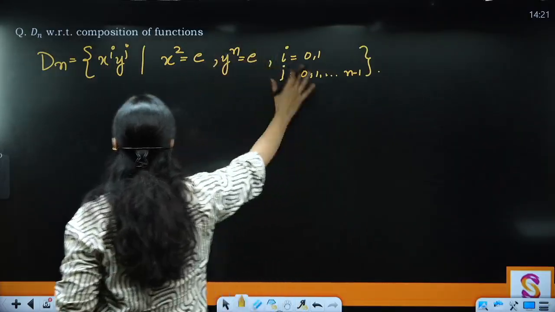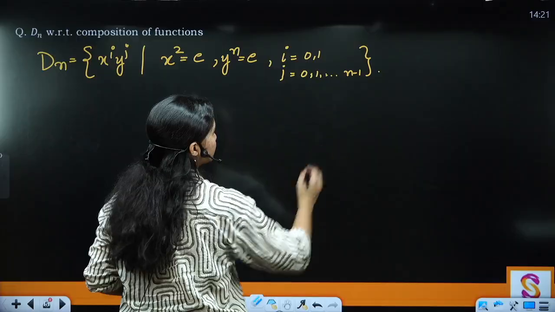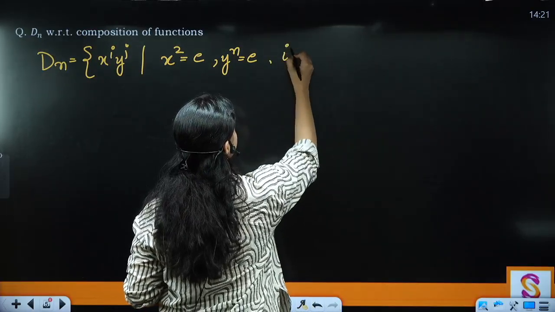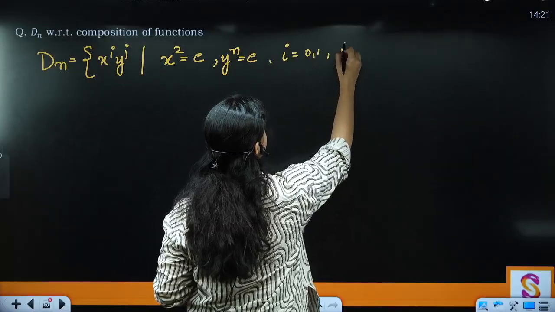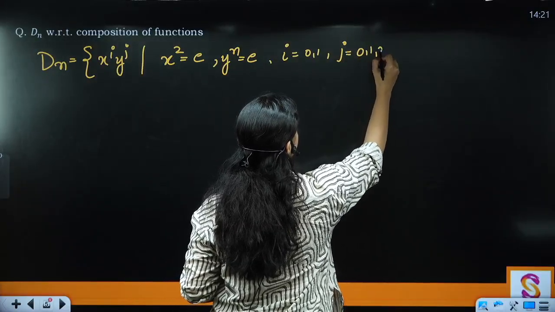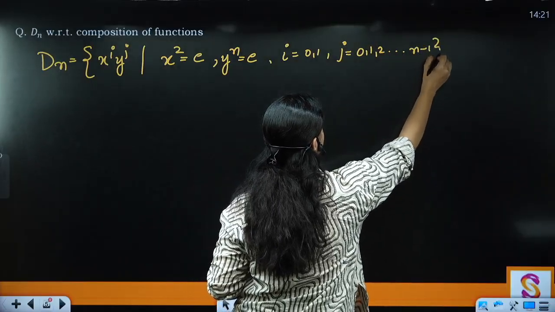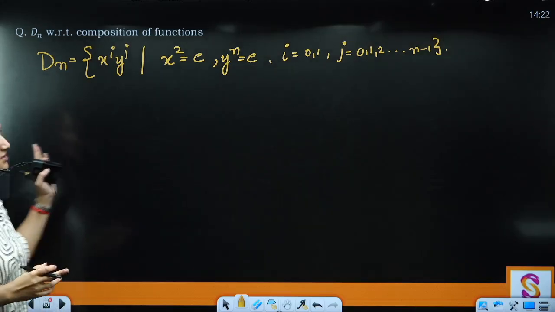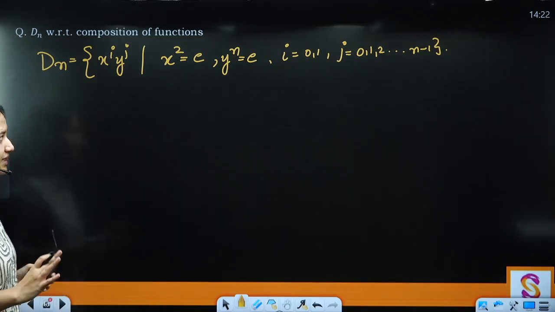This is the general representation. It doesn't make much of an impact. You just have to know that this is the general notation of the group, that is the dihedral group.